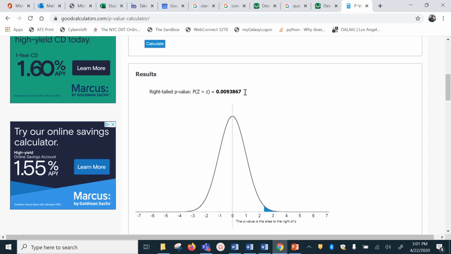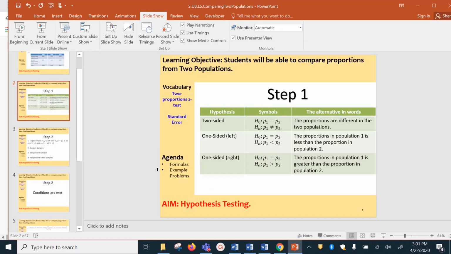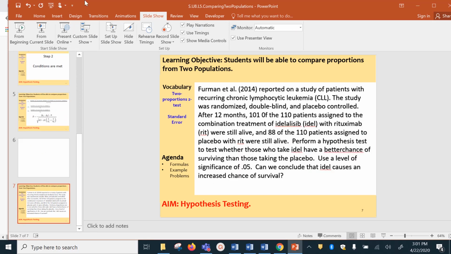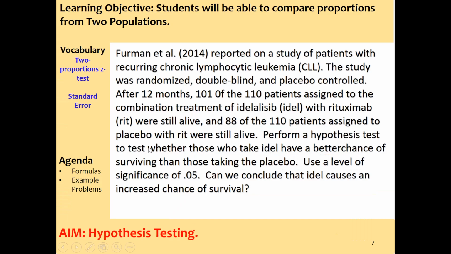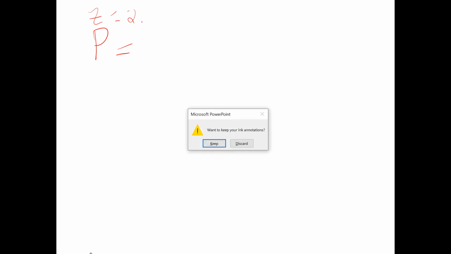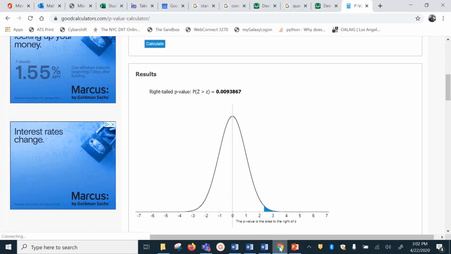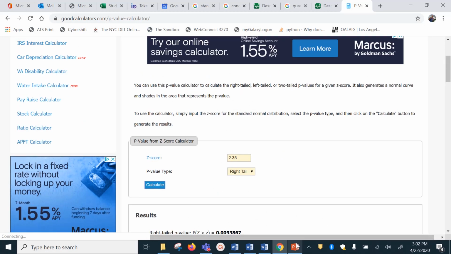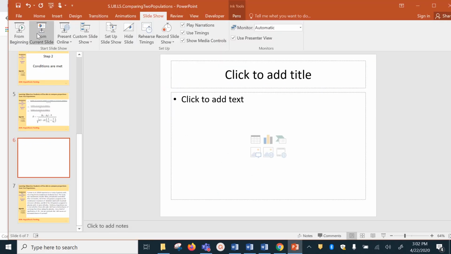That's less than 0.05, right? So we can conclude, let's use the language that we learned. We're going to say that the z is 2.35. z equals 2.35.